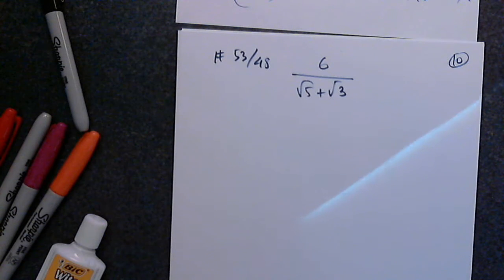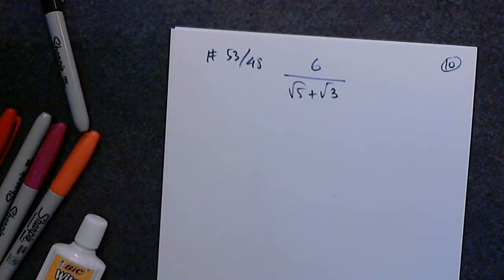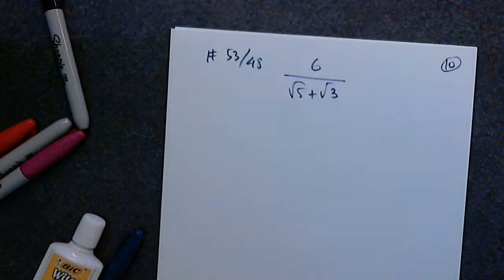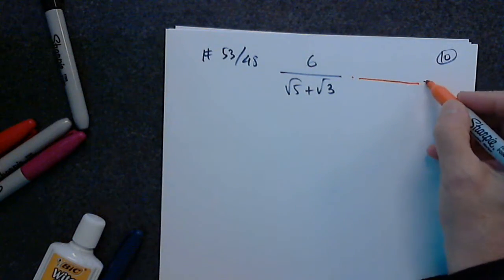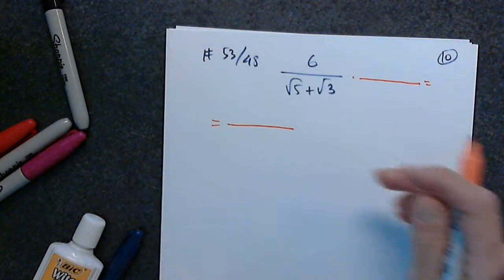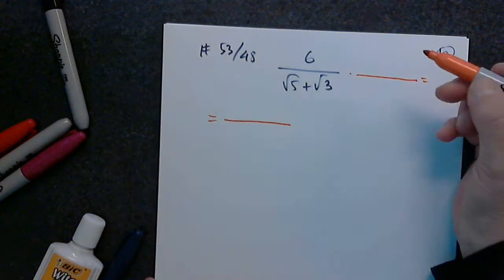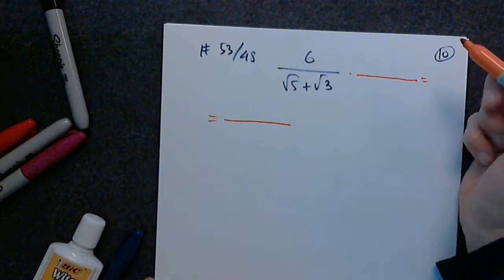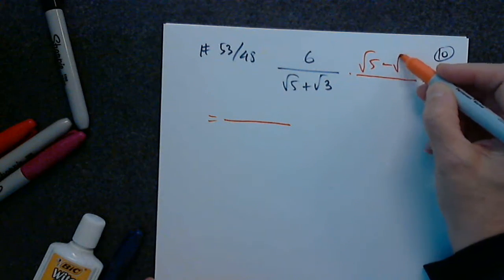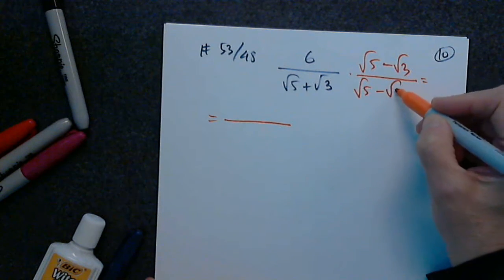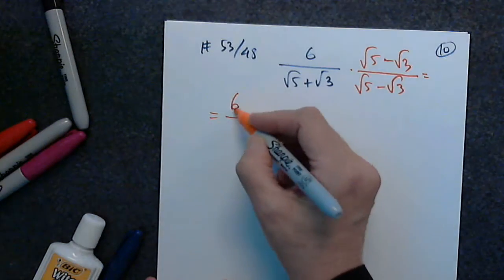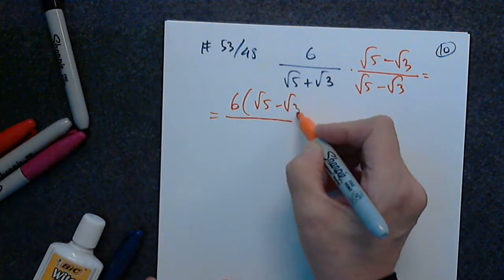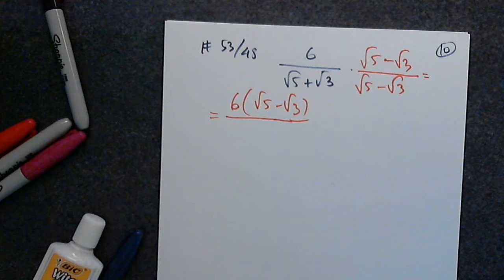So we will be multiplying and dividing by what? The conjugate of the denominator. Excellent. And that would be? Radical 5 minus radical 3. Excellent, Bob. Thank you. The numerator is very clear. I just multiply them, writing them side by side. But now the denominator, remember, is a squared minus b squared.